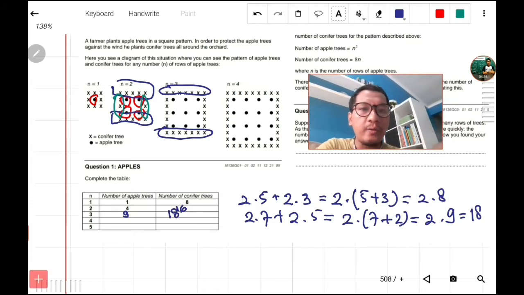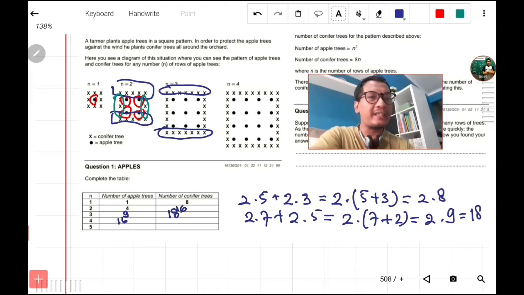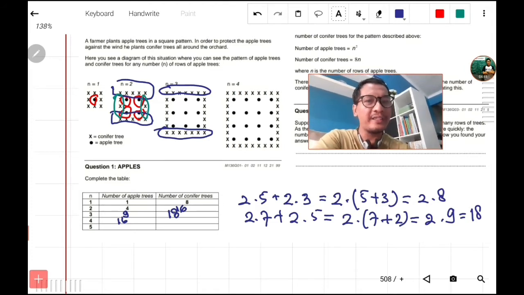When n is 4, the number of apple trees is 4 squared, which is 16. Can you guess the number of conifer trees?